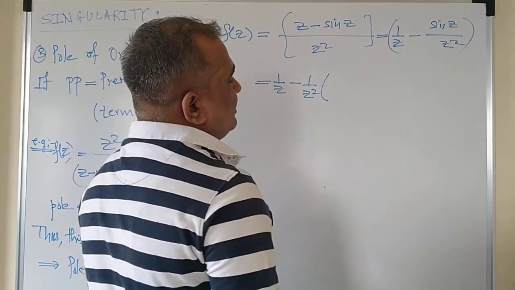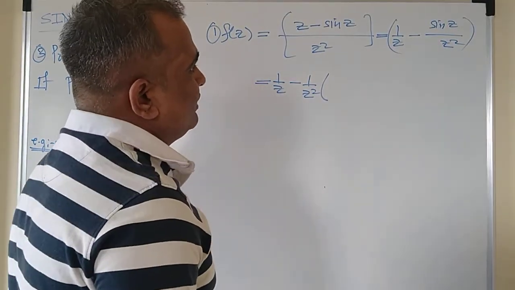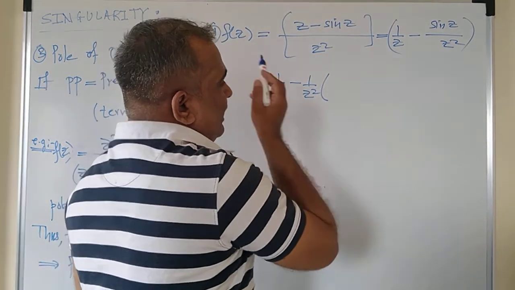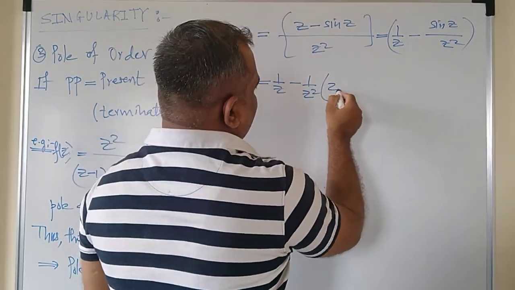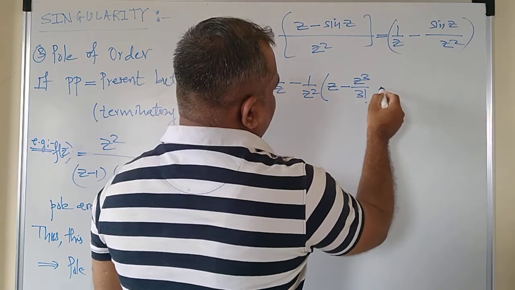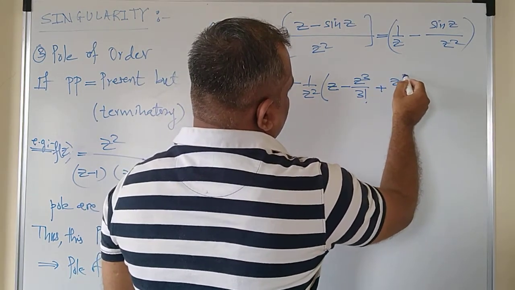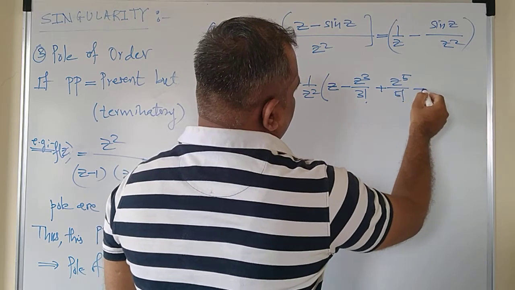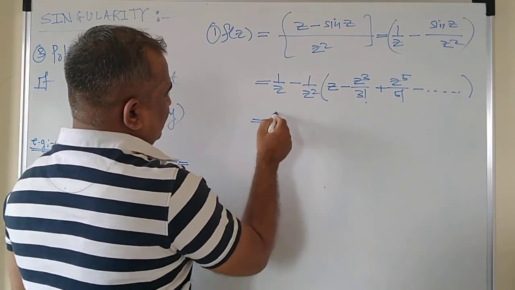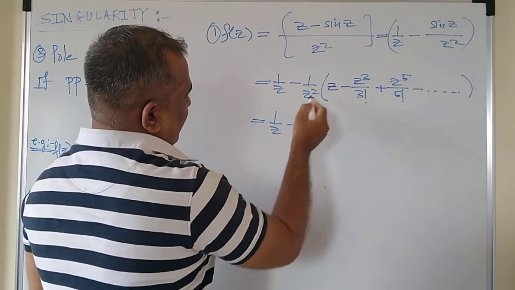Being an odd function, its powers are always odd with alternating plus and minus signs. So the first term is z minus z cube by 3 factorial plus z raised to 5 by 5 factorial minus, and so on.